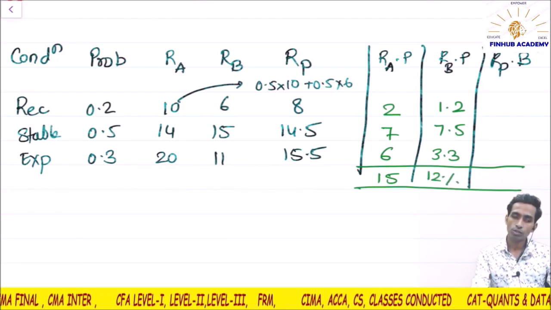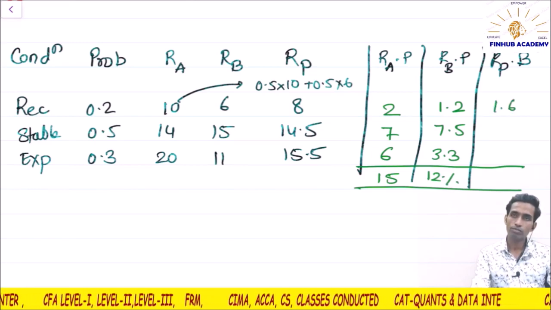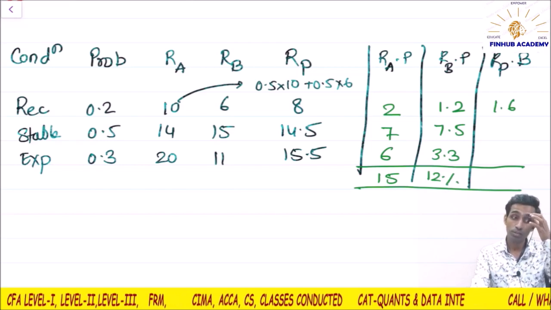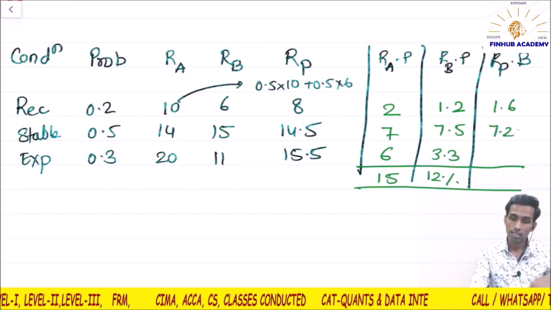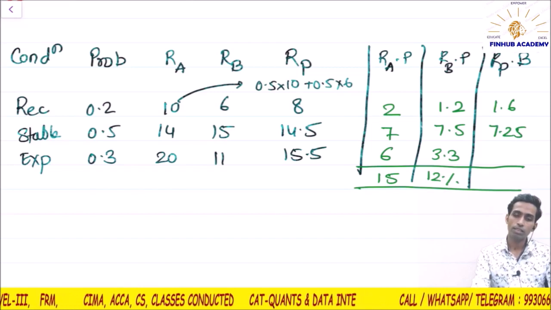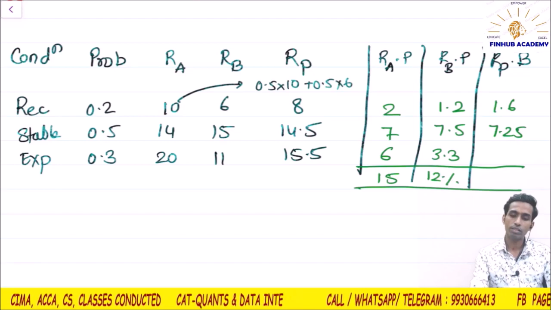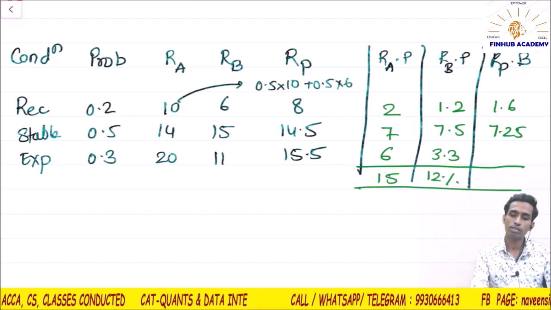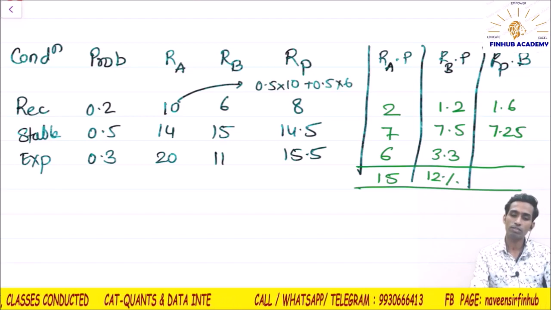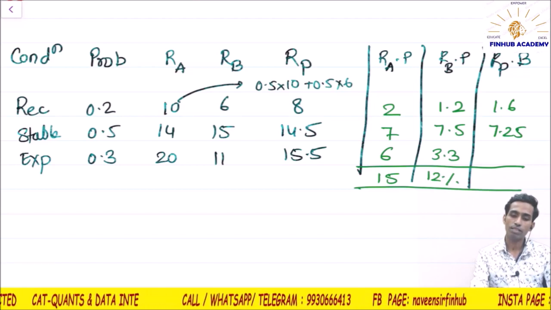8 into 0.2 is 1.6. 14.5 into 0.5 means half, 7.25. And 15.5 into 0.3, half is 7.75.